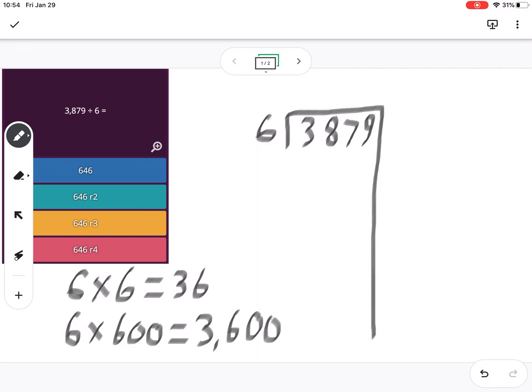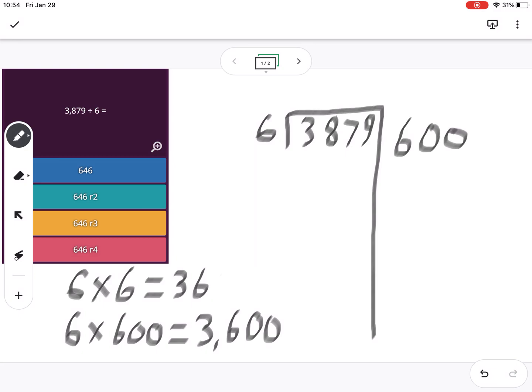Now this is because we know that if we add zeros onto the end of one number, those zeros can be added onto the end of another number, which means if we have 6 times 600, then we can go ahead and take a look at 6 times 6 and know that that is the same as adding 2 zeros onto the end of 36. We're just changing the place value. So now we know that 6 times 600 is 3,600. So I know that my partial quotient is going to be 600.